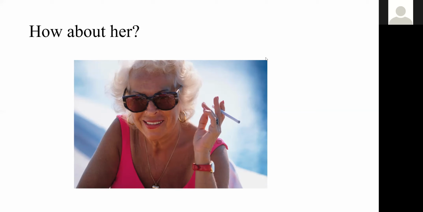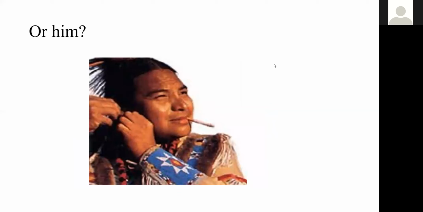And this is the last example, and this gets a little bit to culture. How about this gentleman? How would you approach this gentleman if you wanted to get him to stop smoking? One of the things culturally with Native Americans is that tobacco is seen as sacred.